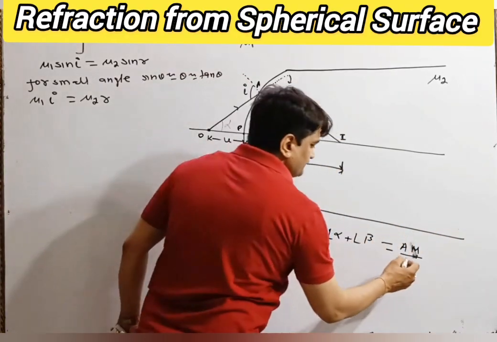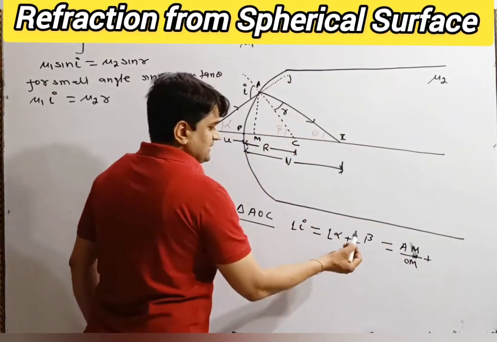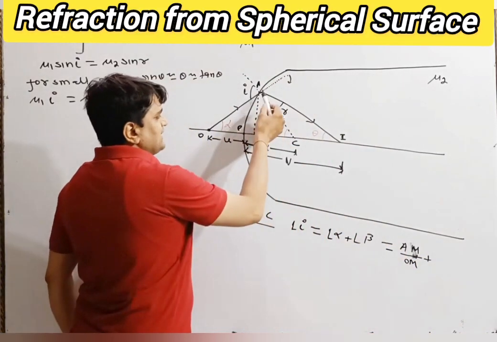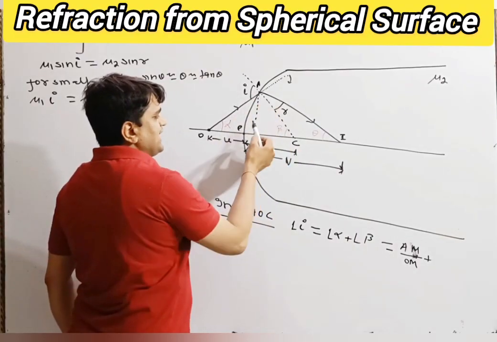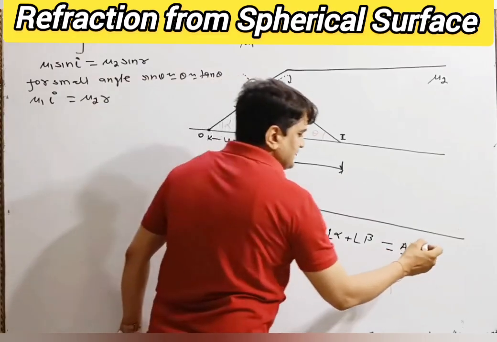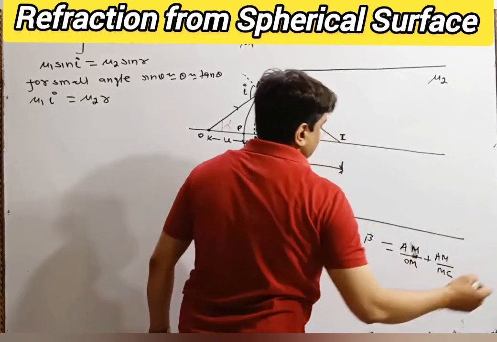Plus beta, in triangle ACM, tan beta will be AM upon MC.